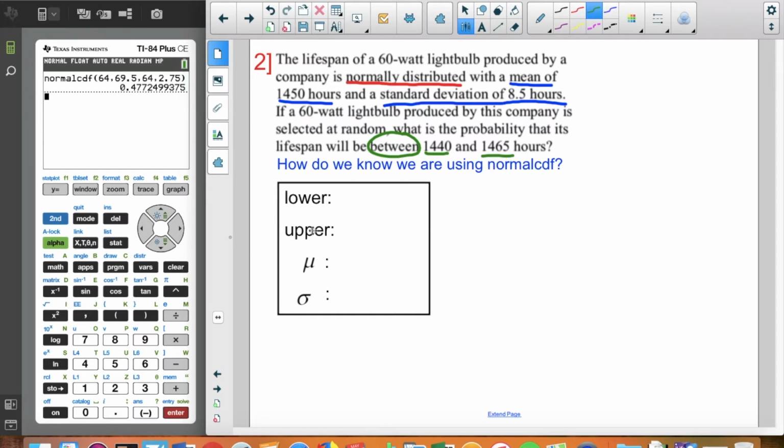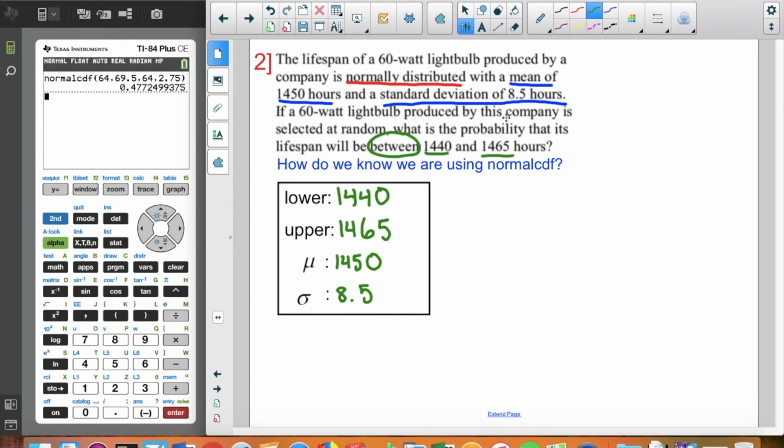So why don't we fill out this information, because we know we're going to need it. The lower, so the smallest part of our interval, is 1440. The upper part of our interval is 1465. Our mean is 1450, and our standard deviation is 8.5.